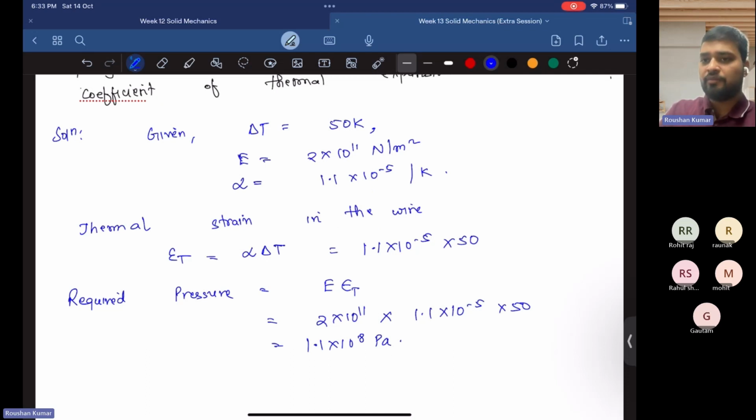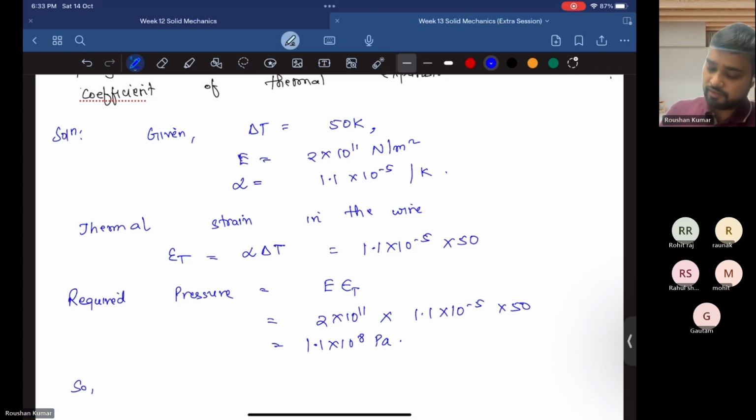So it is given by E times thermal strain, and thermal strain we already calculated using the formula alpha into delta T, and we finally find the value of required pressure, 1.1 into 10 to the power 8 Pascal. Therefore, the pressure to be applied to the ends of the steel wire so that its length will remain fixed is 1.1 into 10 to the power 8 Pascal.